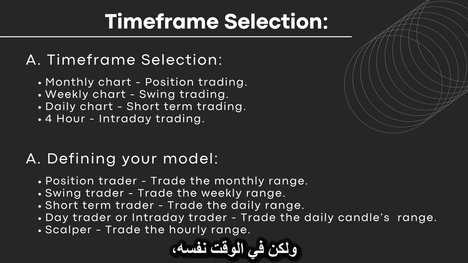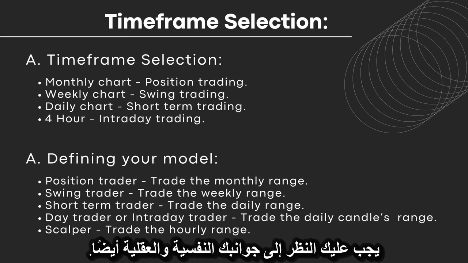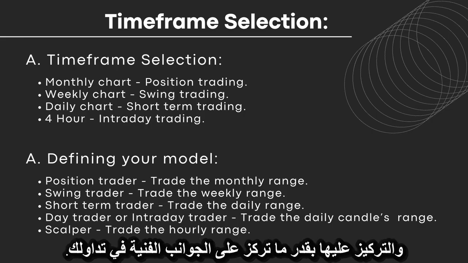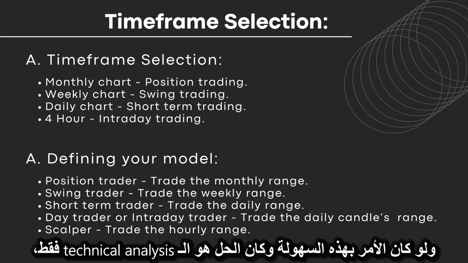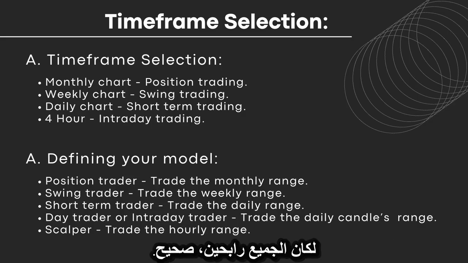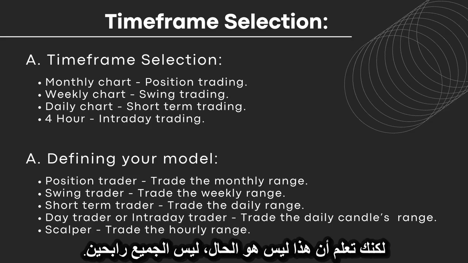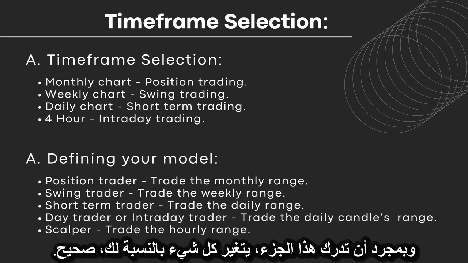But at the same time, you have to look at your psychological and mental parts too and focus on them as much as you focus on the technical parts of your trading. If the solution was just technical analysis, then everyone would be profitable, but you know that's not the case. Not everyone is profitable. And once you realize this part, everything changes for you.